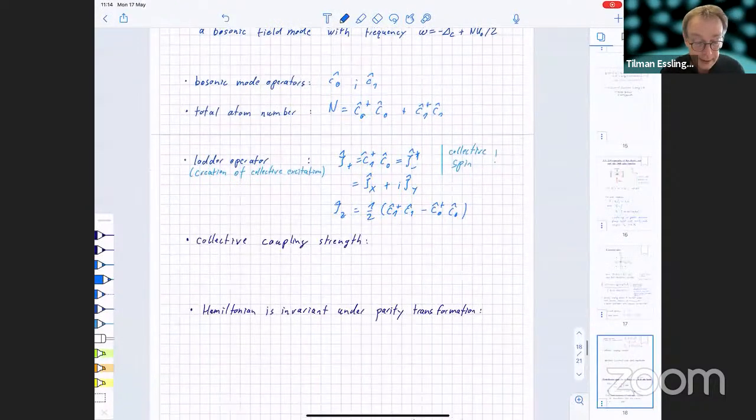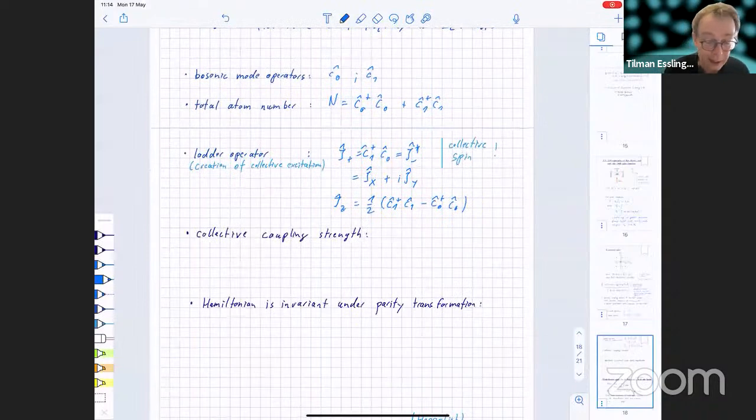Okay, and the collective coupling strengths. Since each atom can absorb this photon, you get a collective enhancement, and so you get the corresponding collective coupling.